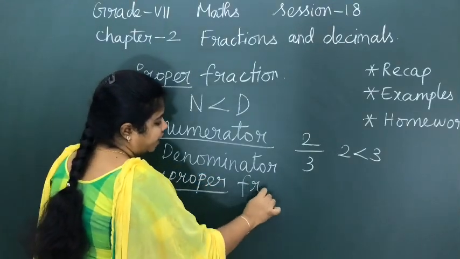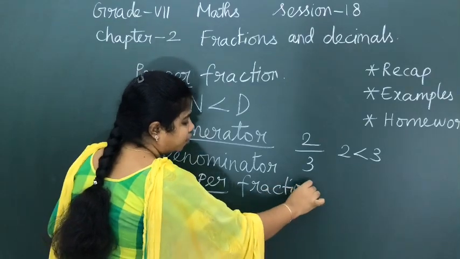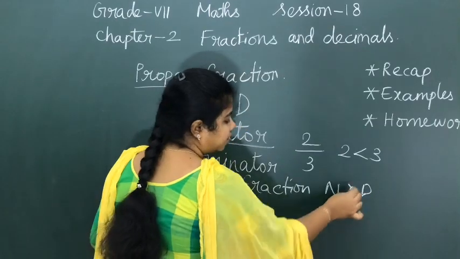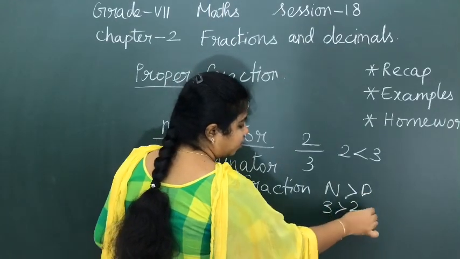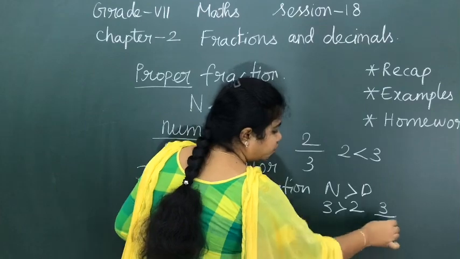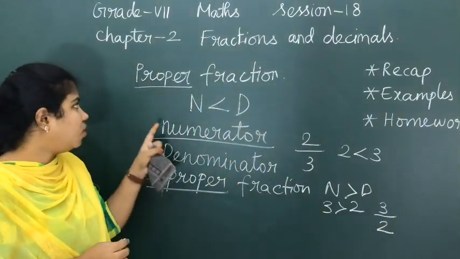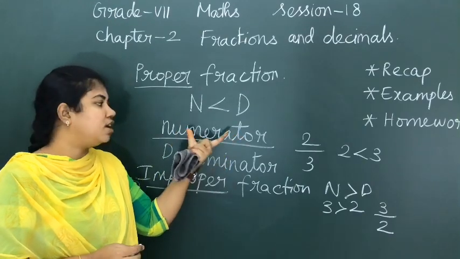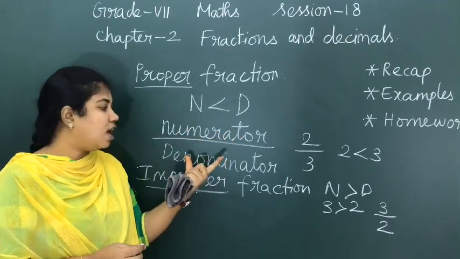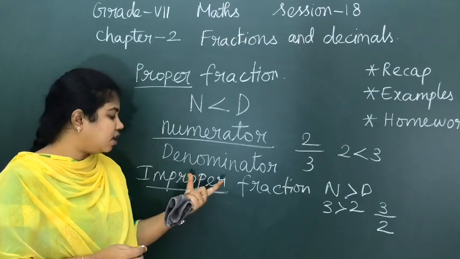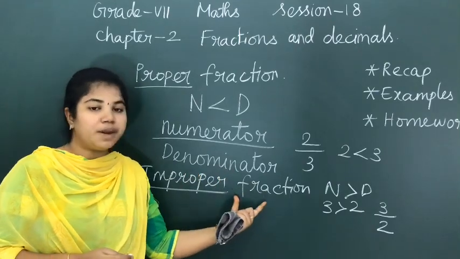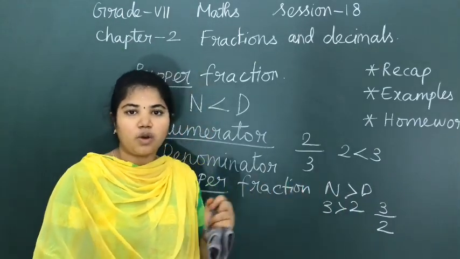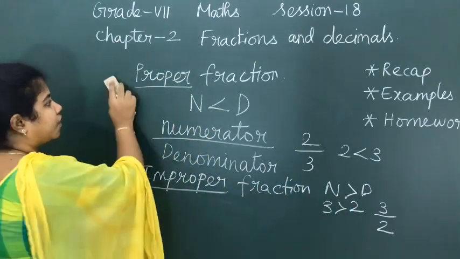The hint is that the numerator is greater than the denominator, so 3 by 2. In a proper fraction the numerator is less than the denominator, the number on top being the numerator and the number on the bottom the denominator. In an improper fraction the numerator is greater, like 3 by 2. Can you understand?